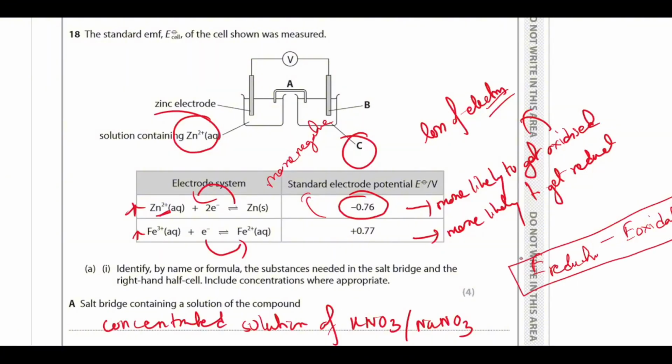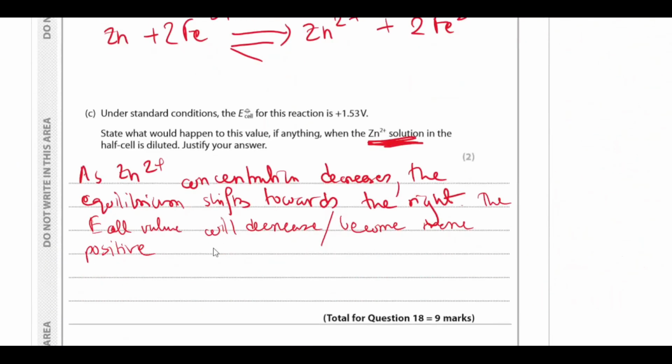So that's the formula for finding E cell. If the E oxidation value becomes more negative, then in a broad sense this whole value is going to get more positive. So that is why our E cell value will basically decrease, or it's going to be more positive basically.